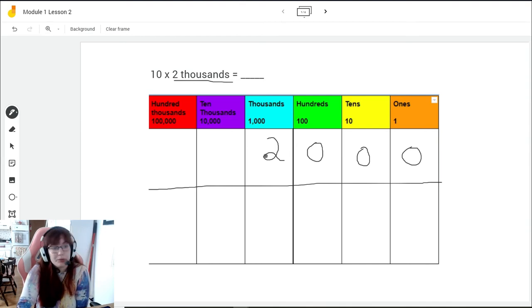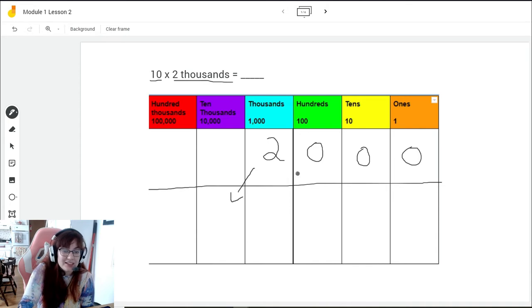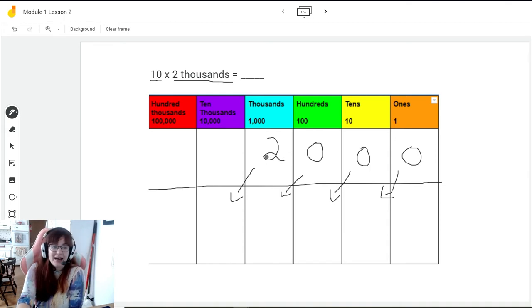Then 4th grade, since we are multiplying this number by 10, what happens is we shift it over to the left in a place value chart, just like this. So you are going to see these 2,000s get multiplied by 10.